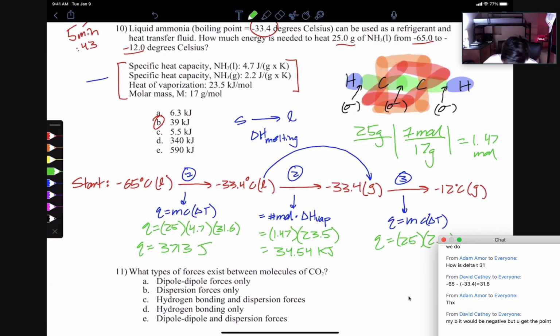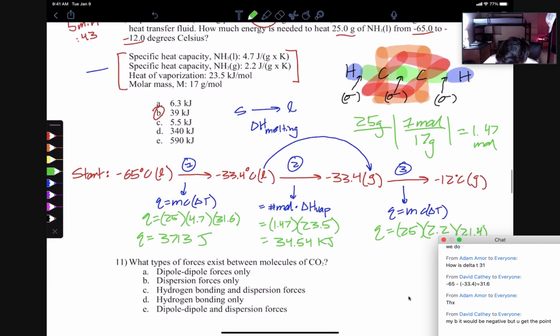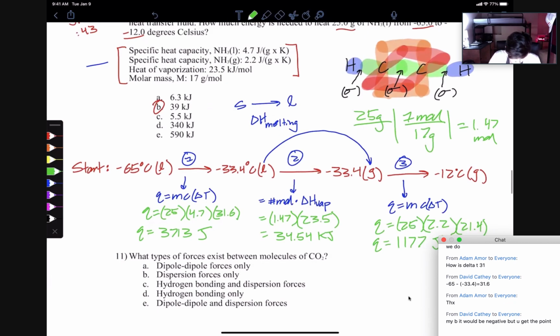And our delta T is just final minus initial, so it is 21.4. Putting that in the calculator, you get 1,177 joules.